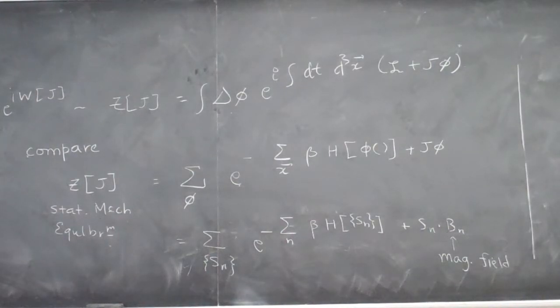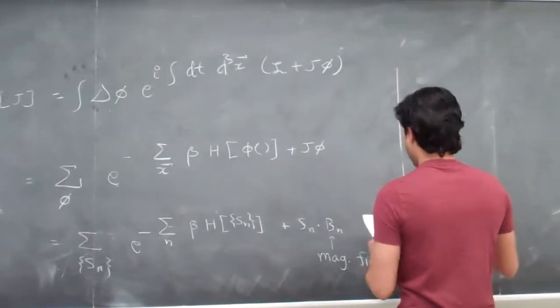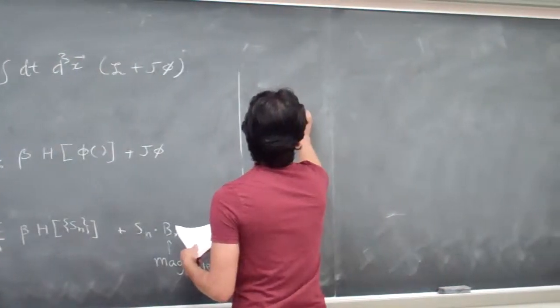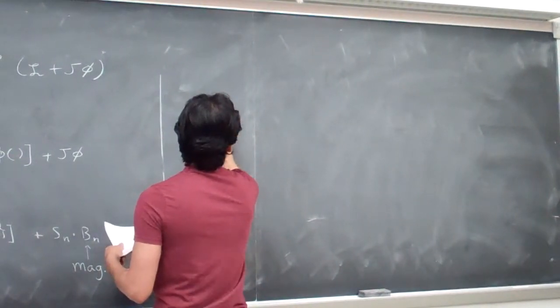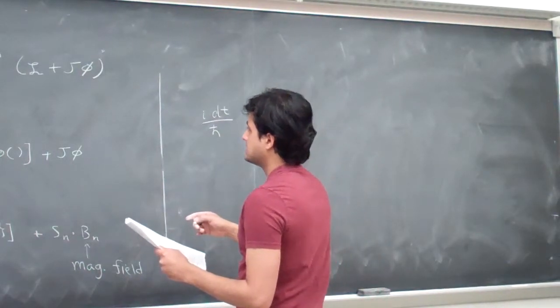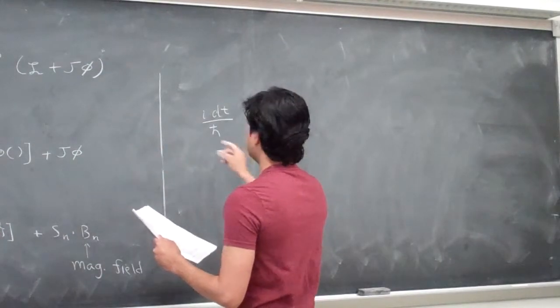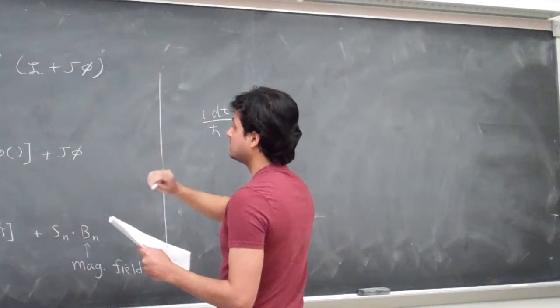So they look the same. Anyway, so the point is they look the same, but up to, of course, you would say they're not really the same. There's an i there, there's a minus sign in front of the exponential and so on. And so this is why I just have to mention this, that this i dt is actually this i dt over h bar in the quantum mechanical way, because we have set h bar equal to 1. And so you can compare that, and this beta is 1 over kT, right?